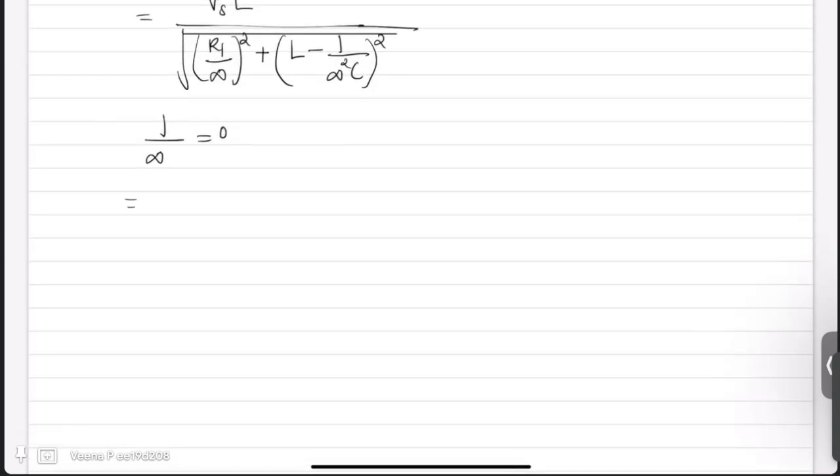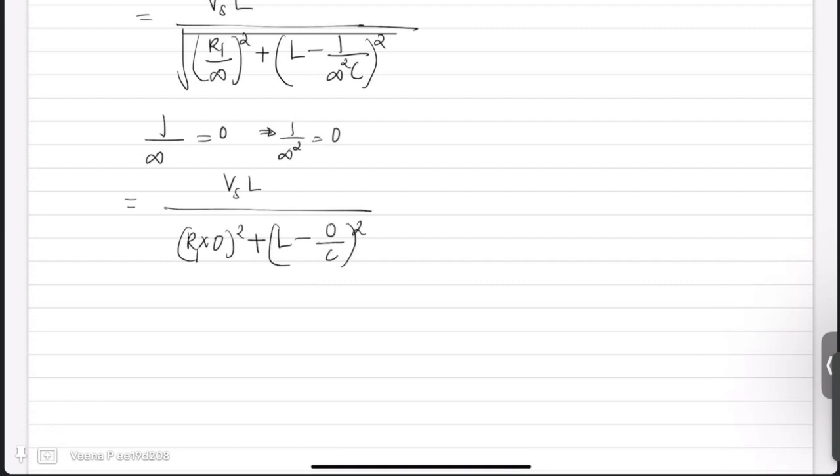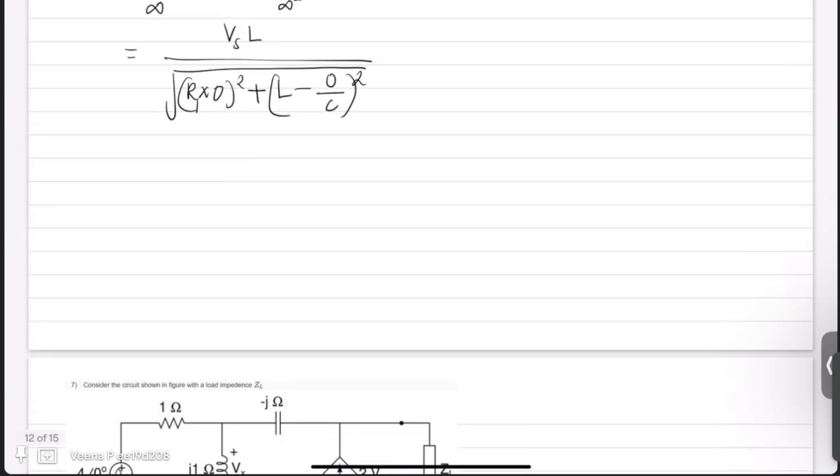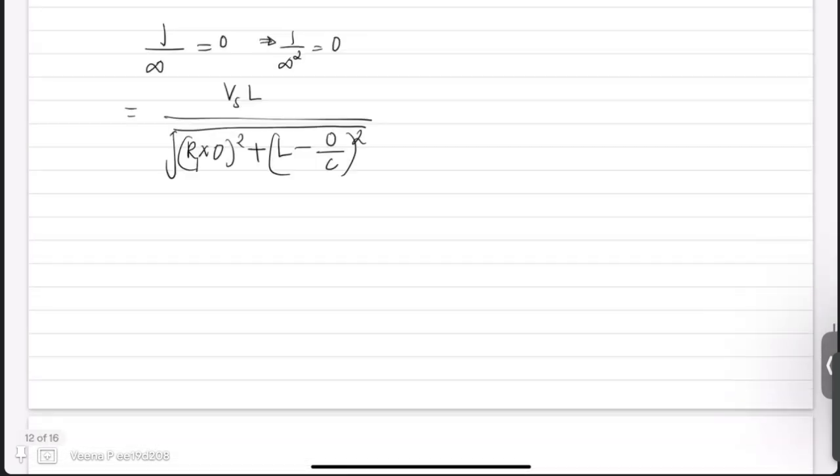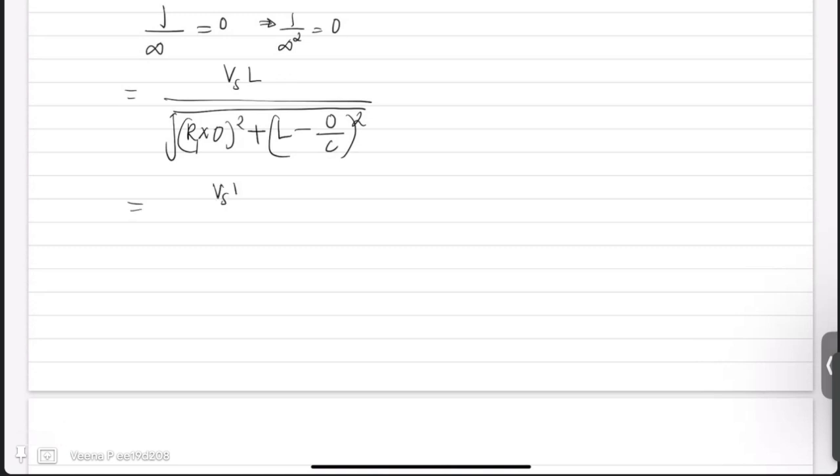So the magnitude becomes VsL divided by the square root of 0 square plus (L minus 0) the whole square.